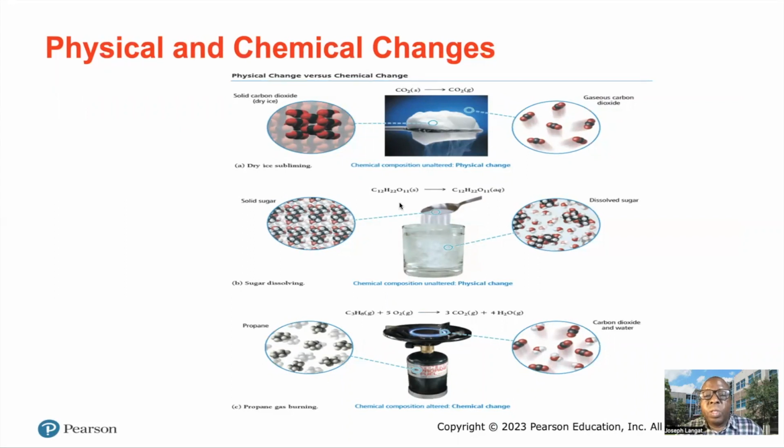Remember dissolution, dissolving sugar. Dissolution is a physical change. Now, burning of propane. This is propane gas. We end up with different substances, irreversible processes: chemical change.